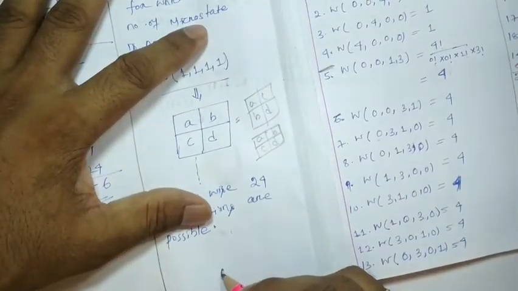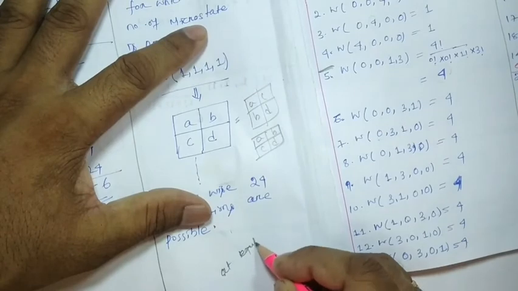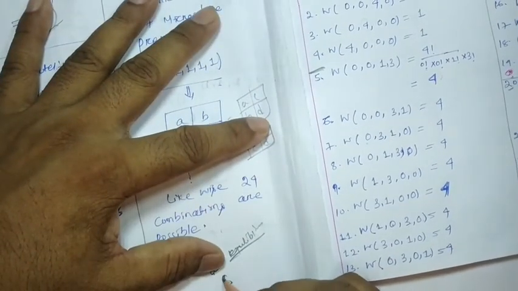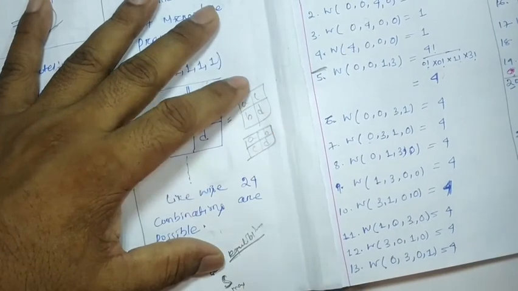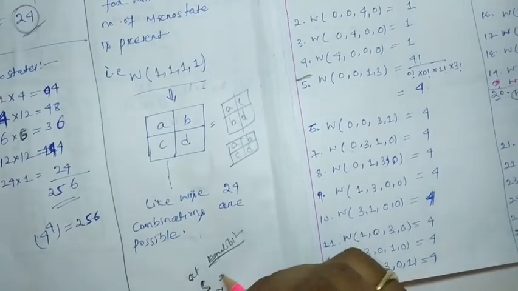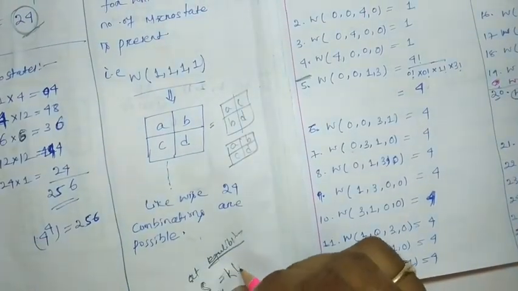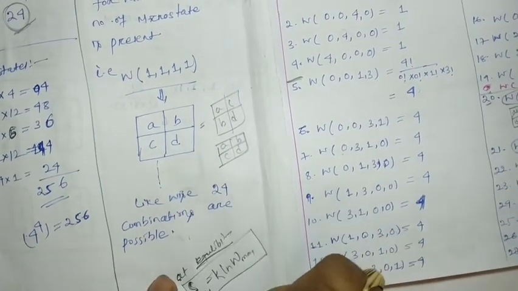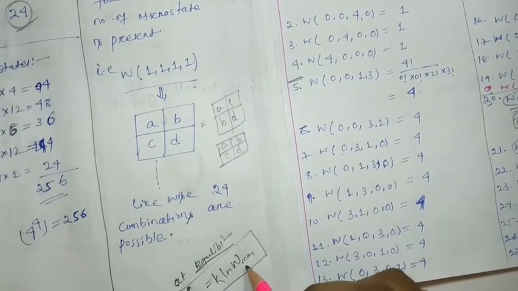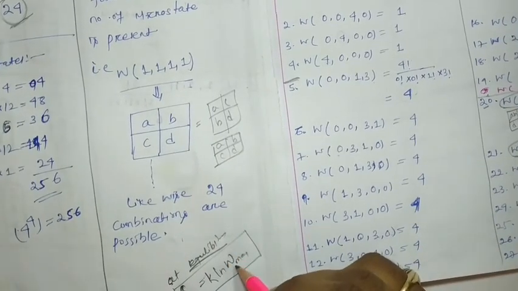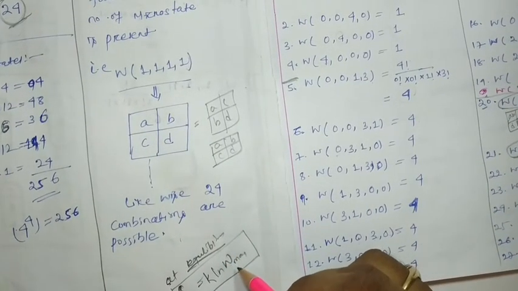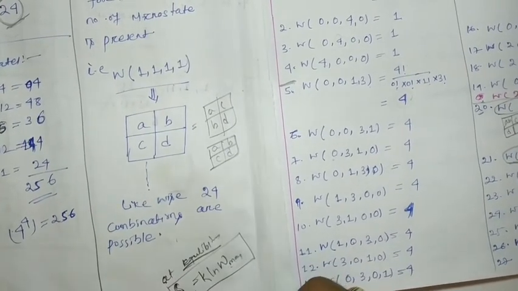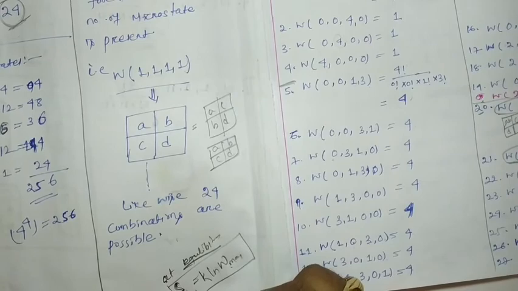So at equilibrium, S is maximum, entropy is maximum, equal to K ln W max. When W, the thermodynamical probability, is maximum, at that time we find the maximum entropy.